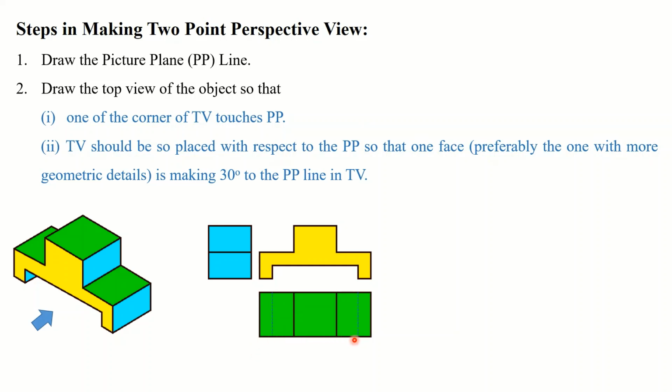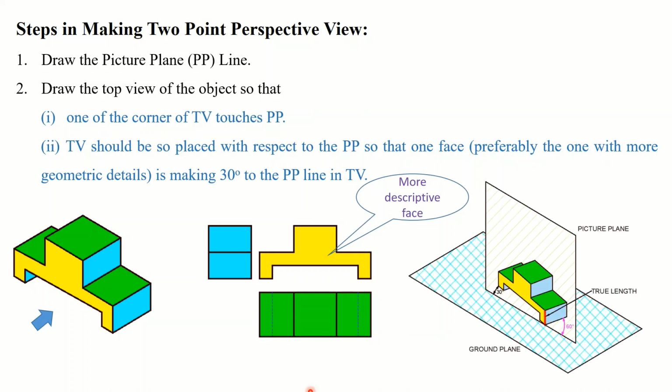Now this statement says that this line, which is nothing but the yellow colored face, should be making 30 degrees with the picture plane line. So that is what it means in 3D, and this is how you should interpret it.